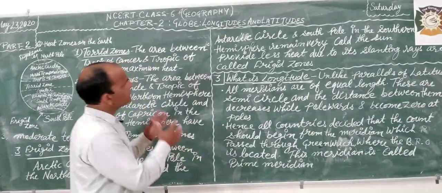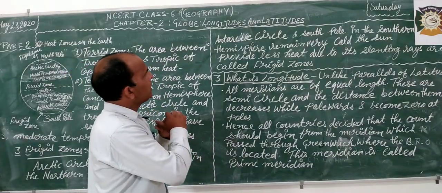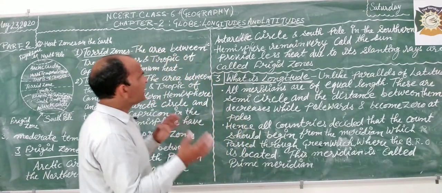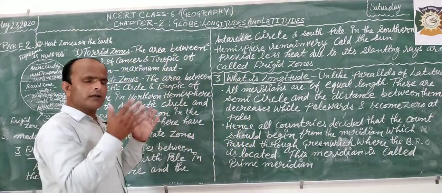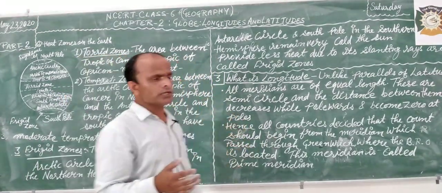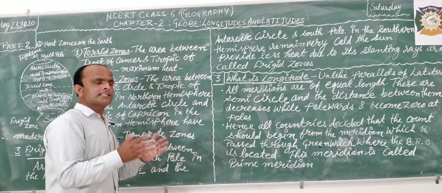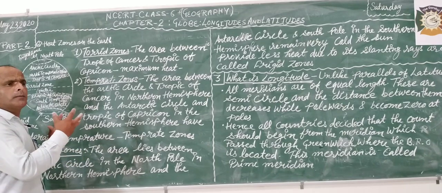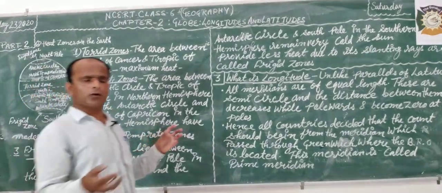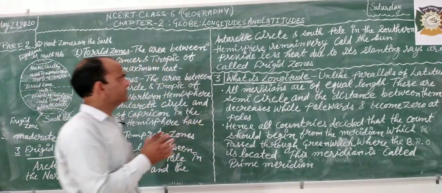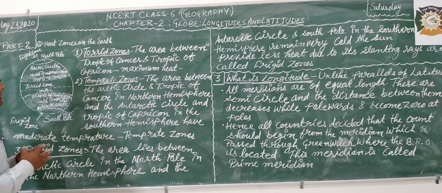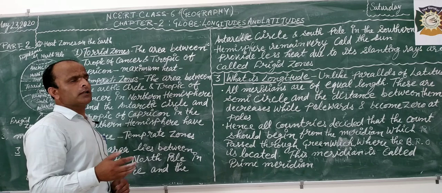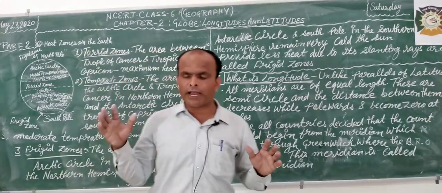Latitudes are the horizontal lines on the globe and longitudes are the vertical lines on the globe, which tell us about the location of a place on earth.